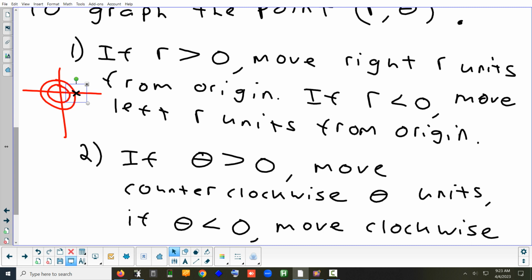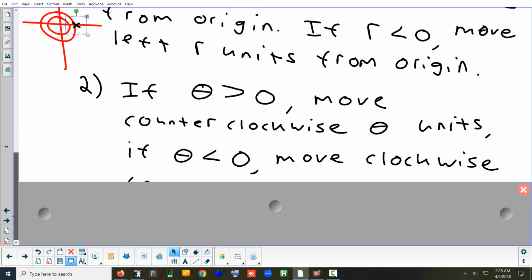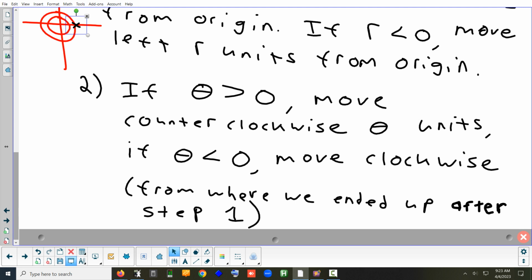So you either move left or right, and then you rotate clockwise or counterclockwise. That's kind of like an XY coordinate. To graph an XY coordinate, you first move to the left or right, and then from there you move up or down. Well, the difference in polar, there's no up or down. It's clockwise or counterclockwise.